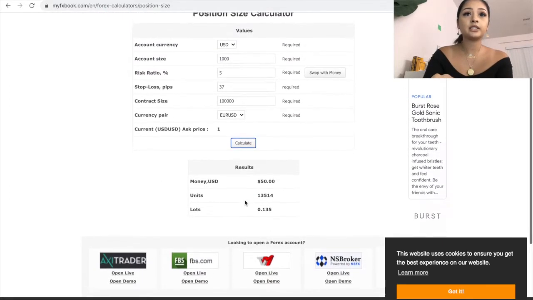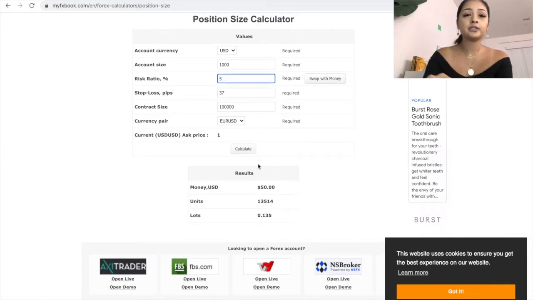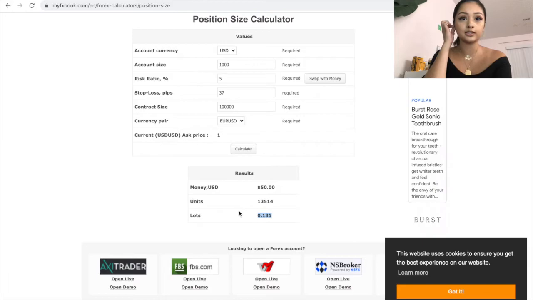Calculate. Now it's saying that 5% is $50. So it's saying that you're willing to risk $50 on this trade. If you want to risk $50, which is 5%, you want to be putting in a lot size of 1.13. It doesn't have a third digit when you're doing lot sizes.